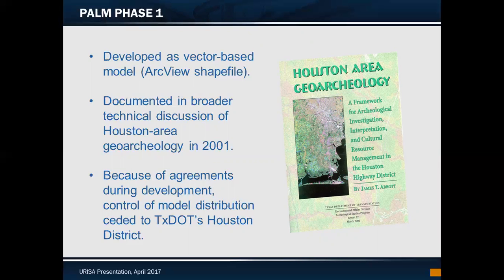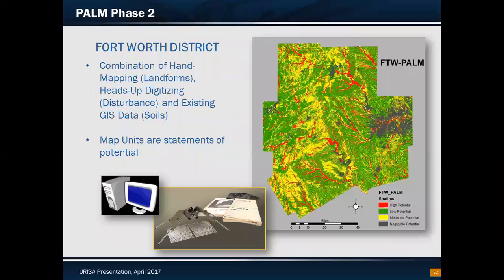Right after we were done with one and the ink was drying, we moved into consideration of how to move forward with this. The next district that was selected, another urban district with a lot of potential to get some bang for the buck, was the Fort Worth district.